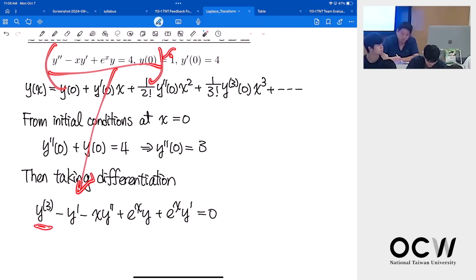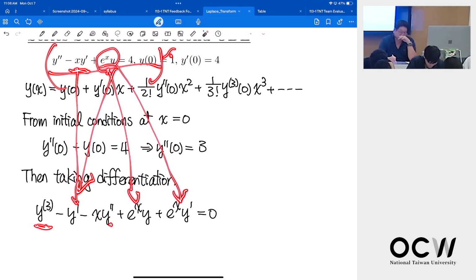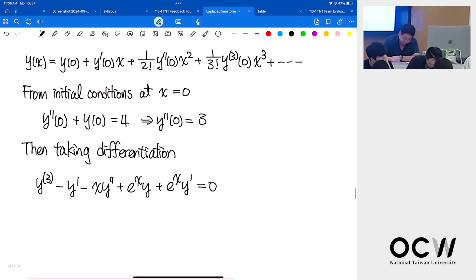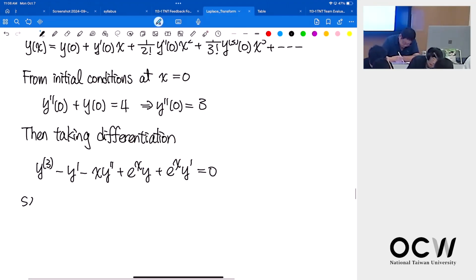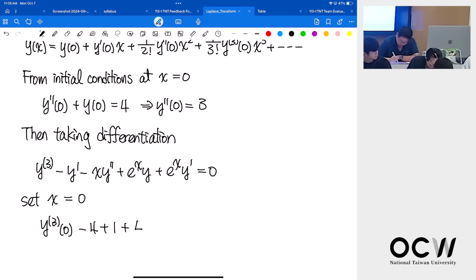First term y triple prime, second term chain rule. So we have y prime and x y double prime. e to the x y, also chain rule. Then you set x equals 0. So y triple prime of 0 minus 4 minus, plus 1 plus 4 equals 0.